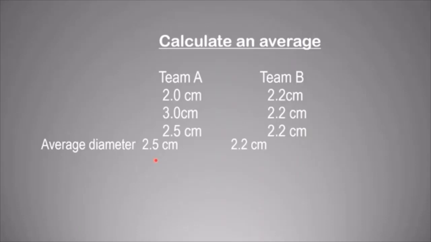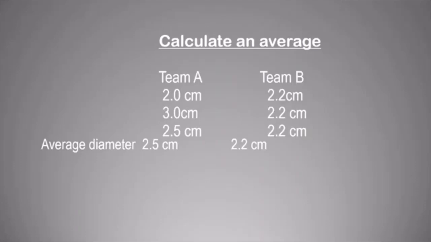So we can say that Team A's average diameter is close to the true diameter. Unlike precision, the term accuracy can be applied if just a single measurement is made. So this third member of Team A made the most accurate single measurement.